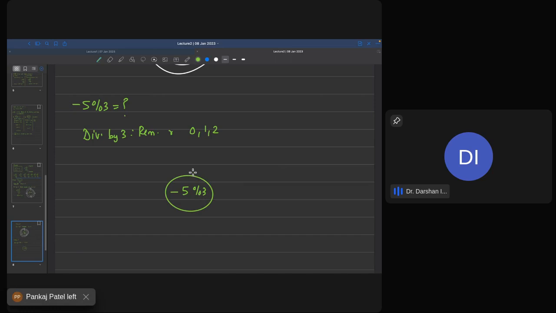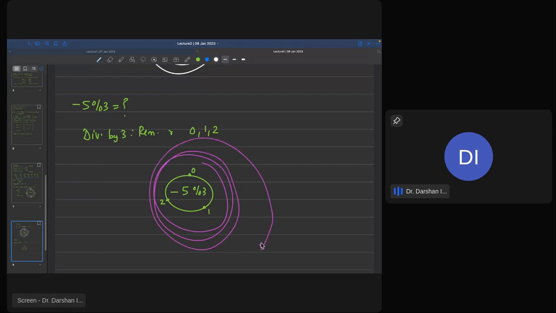So what all are the remainders I am writing? This is 0. This is 1. This is 2. Now, if it was a positive number, you might have noted that we were going clockwise. But now the number is negative.